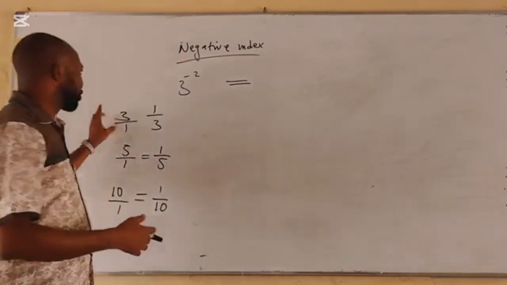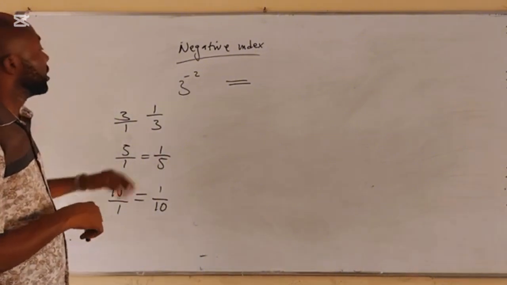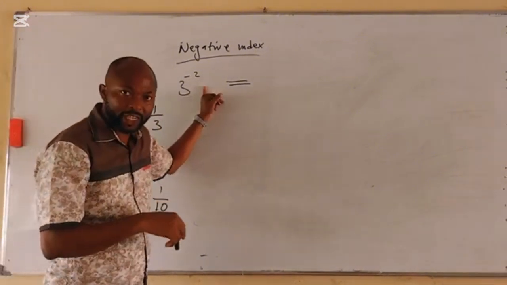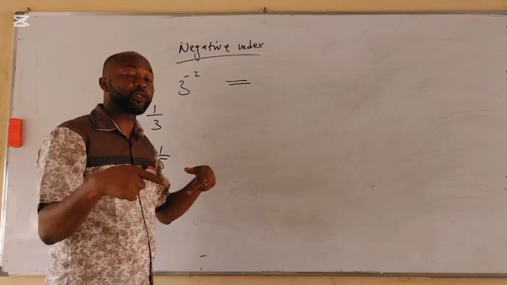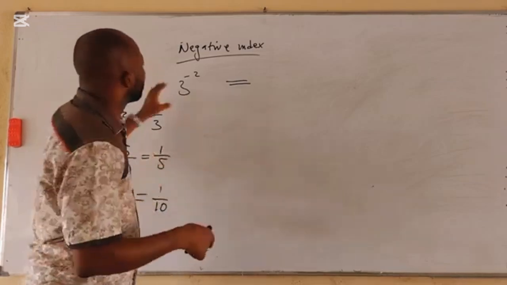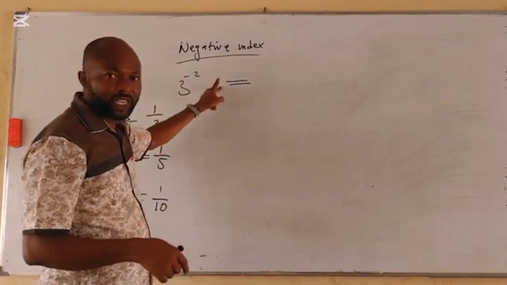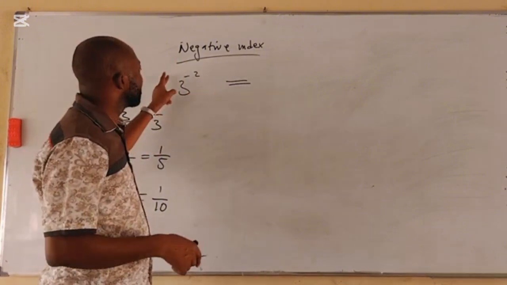So if this is true, the law says that when a number is raised to a negative index, it is equal to the reciprocal of that number raised to the same positive index. Now, I want to put it down. 3 is raised to a negative index. What is it equal to?